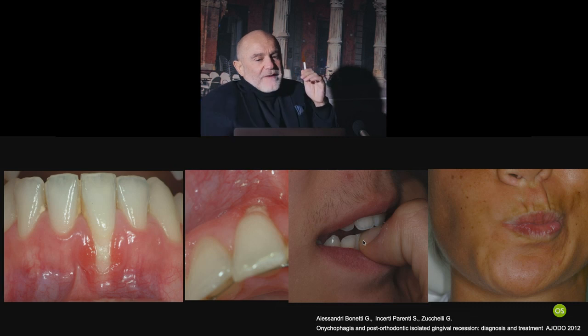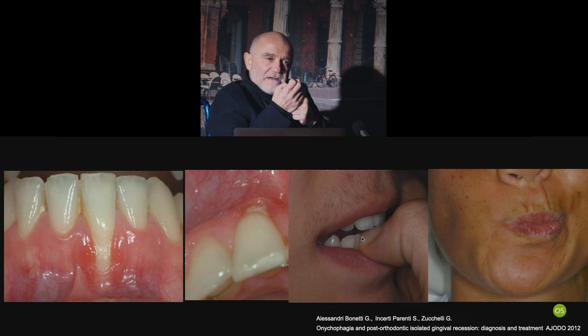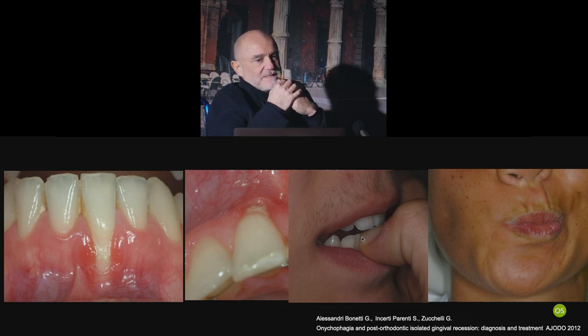So this is extremely clear. You see, the only tooth where the nails act during biting is this incisor, which experienced the rotation and then the gingival recession.